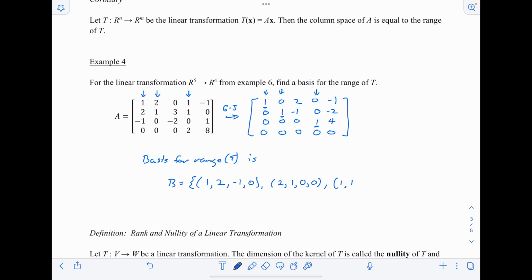One thing I will note is, if you're doing problems in the book, or finding problems online and looking at the answers, it's possible that the vectors in your basis won't look the same as the other person's vectors. It's possible that they have taken these three vectors and reduced them further, which you can do.